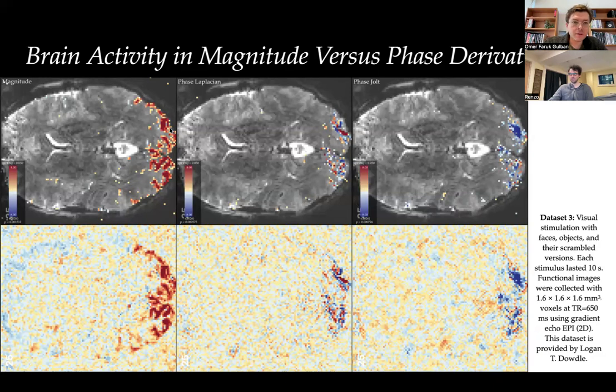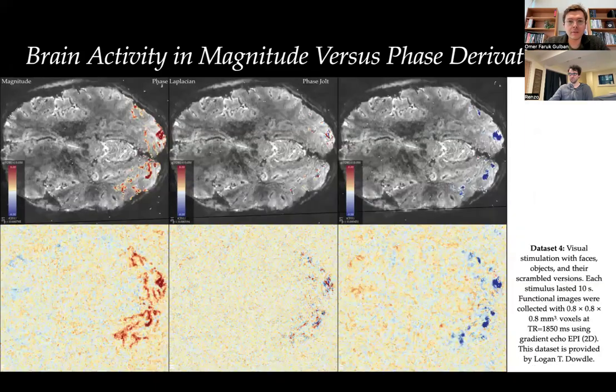The magnitude BOLD maps pop out quite a bit in the occipital cortex. I had to plot them sideways to make them fit larger on the screen. So this is the frontal lobe, this is the occipital lobe. And definitely, again, when we compute just very straightforwardly the phase Laplacian and phase BOLD, there is activity that survives the FDR threshold. So there is definitely something there.